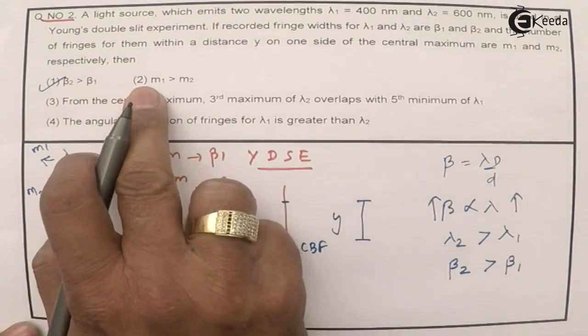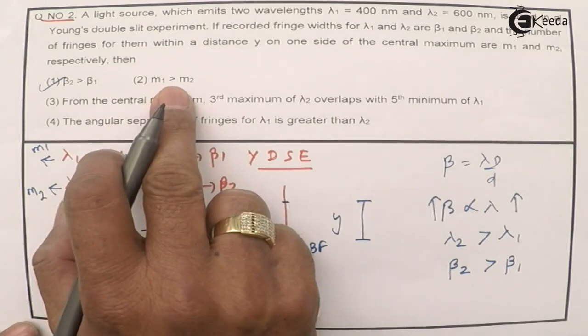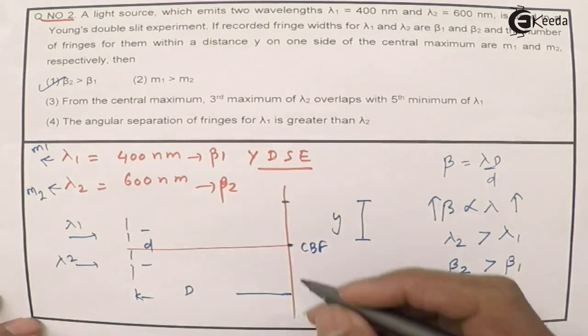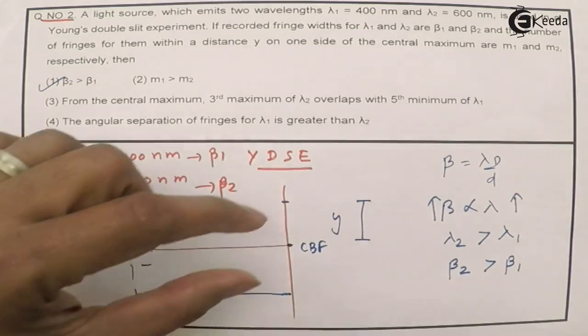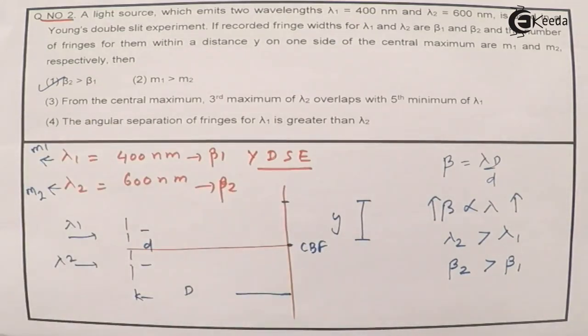Now we'll move to the second option. The number of fringes will be higher in which case? The same distance has to accommodate the number of fringes. Suppose I have a given length and I have to accommodate a few fringes like this. The greater the width, the fewer fringes will come, and the thinner the width, the more fringes will come.